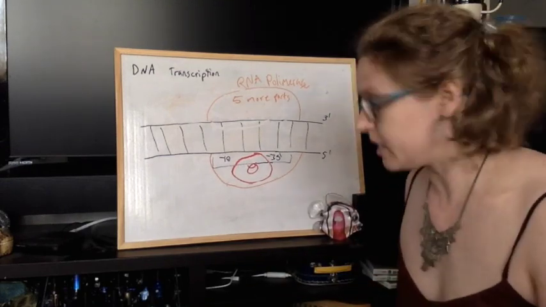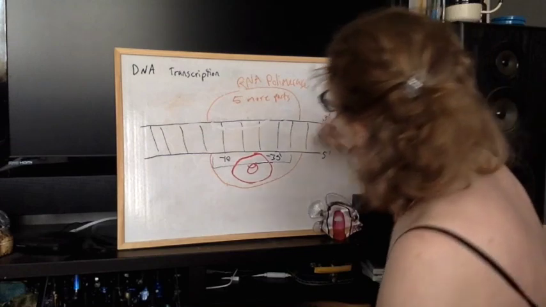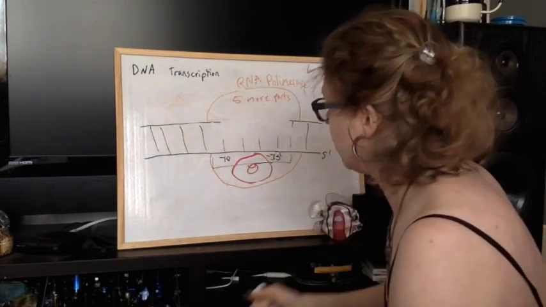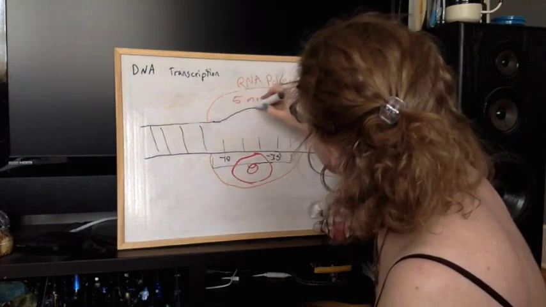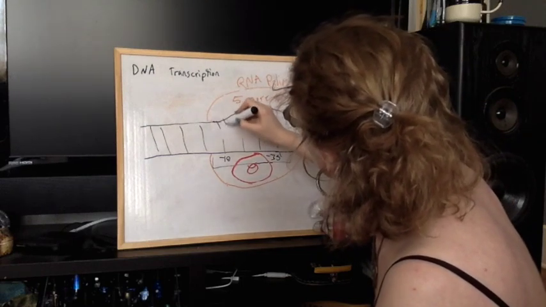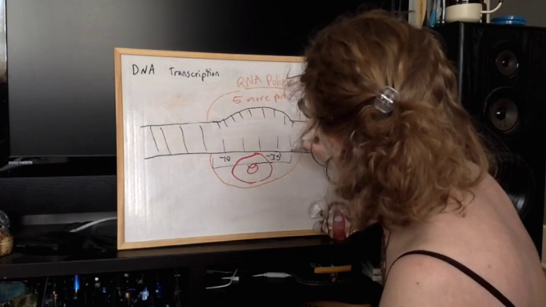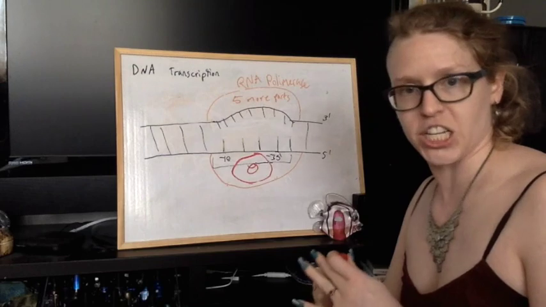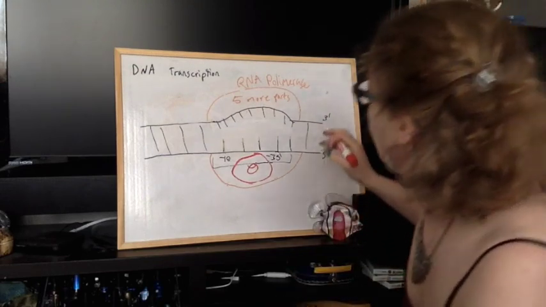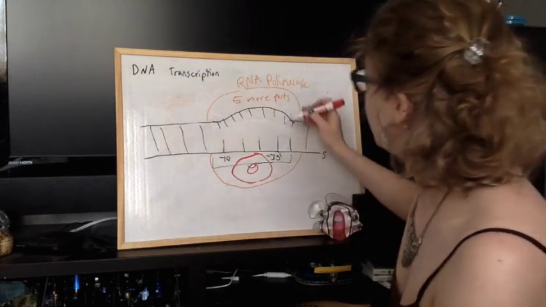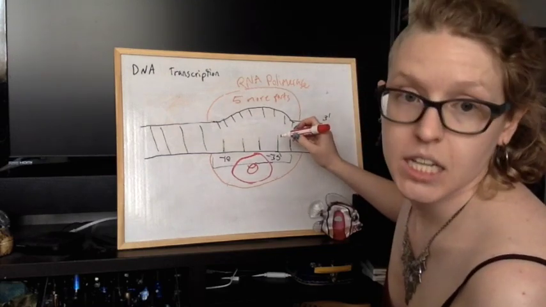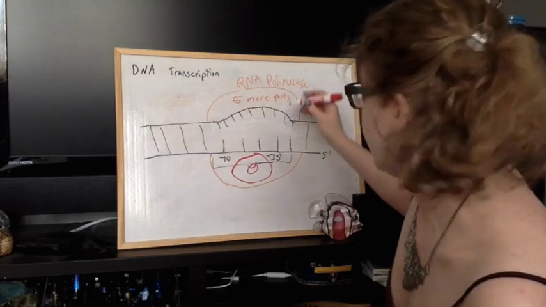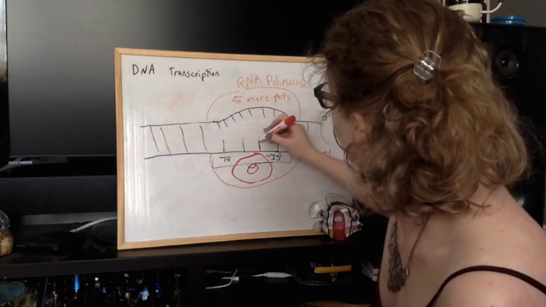And what RNA polymerase does first is it unwinds and opens up the DNA so that RNA can get to it. And then it allows in RNA that is anti-parallel to the DNA building thing. So that's going to look like this.